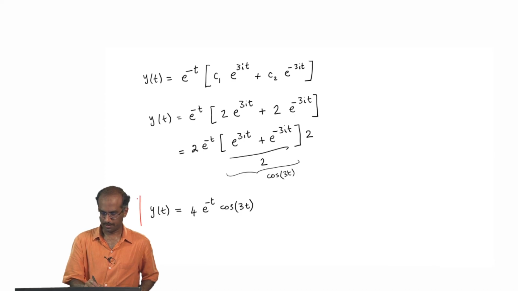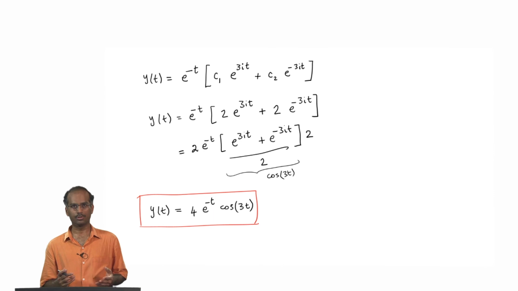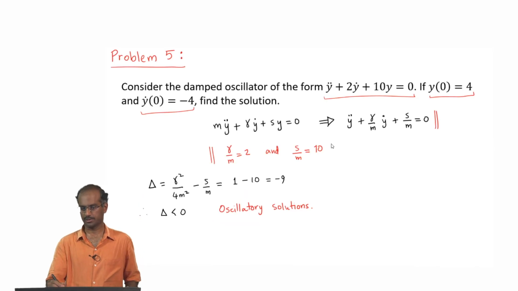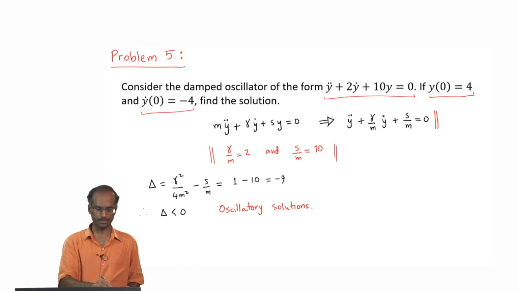This would be the final result in its compact form. So, you will notice that this has the dissipative part and the oscillatory part as we expected based on the parameters that were given for this problem.